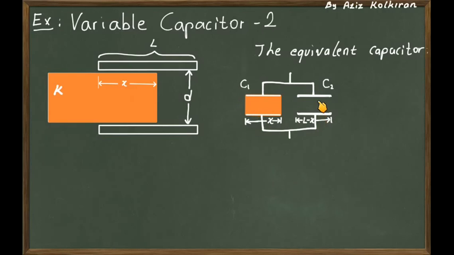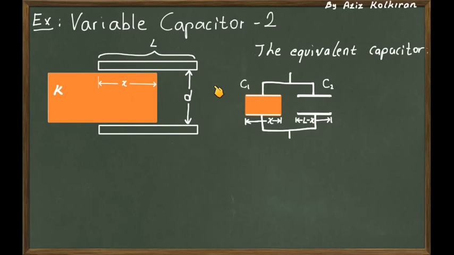The second capacitor will be connected in parallel to this one, because when you divide the plates into two, you have to connect these plates by a wire in order to keep the plates at the same potential.